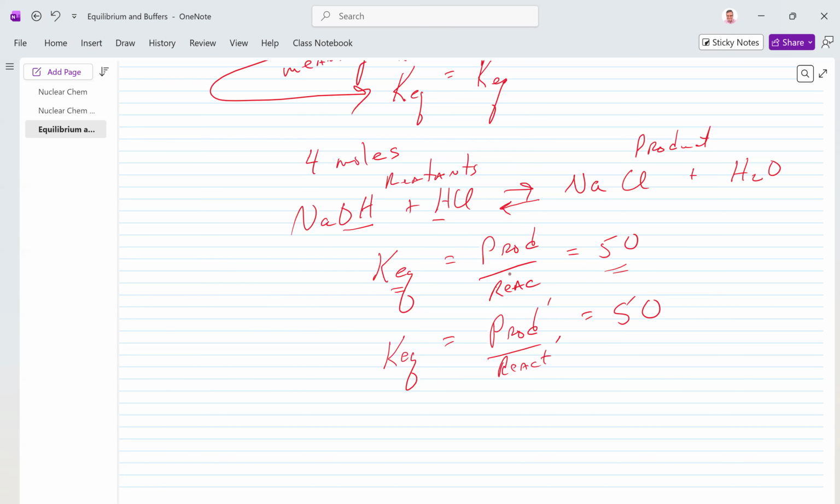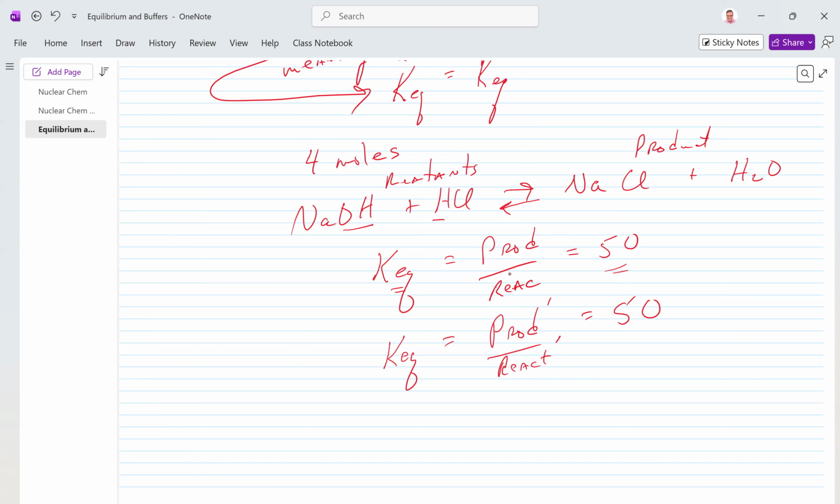Say we threw in a lot of NaOH. To balance it out, we need more HCl. So where would that come from to balance it out?